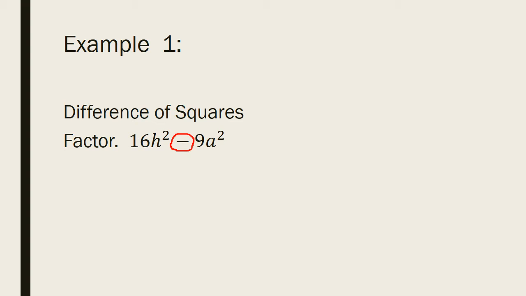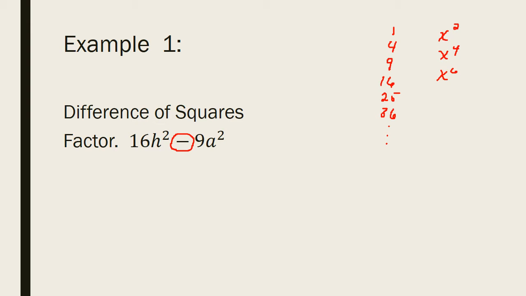Remember, our perfect squares are 1, 4, 9, 16, 25, 36, and I'm not going to write them all out because we did that before in one of our notes, and it keeps going. And remember, to be a perfect square with a variable, it means the exponent has to be even. So you would need to have like x squared, x to the 4th, x to the 6th. All of those are perfect squares.